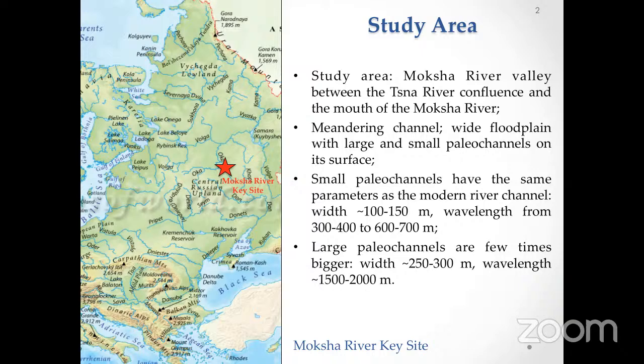Moksha is a meandering channel, and on the key side, the Moksha River has a wide floodplain with large and small paleochannels on its surface. Small paleochannels have the same parameters as the modern river channel. Their width is about 100 to 150 meters, while wavelengths are between 300 to 400 and up to 600-700 meters.